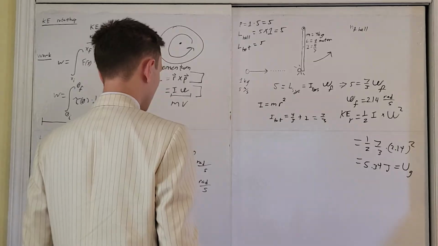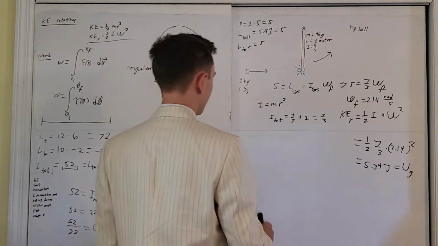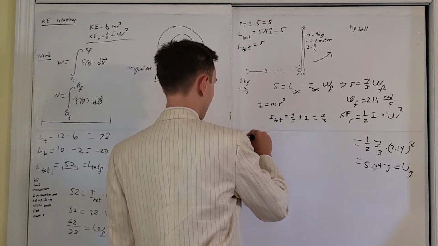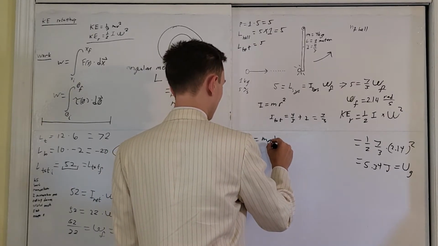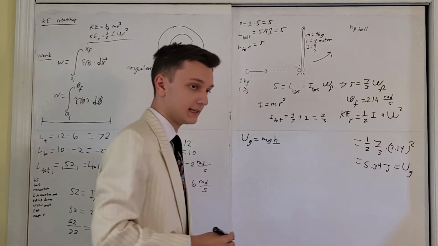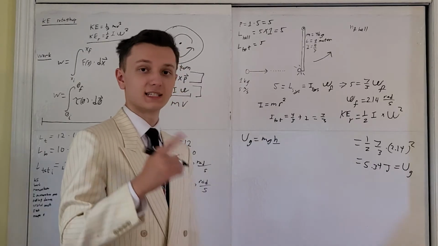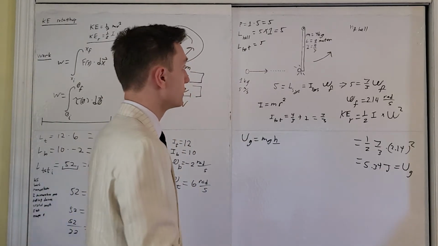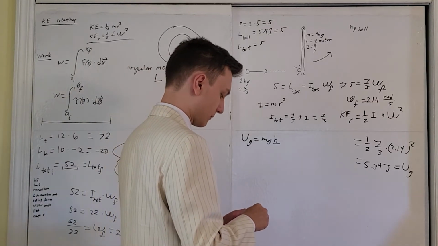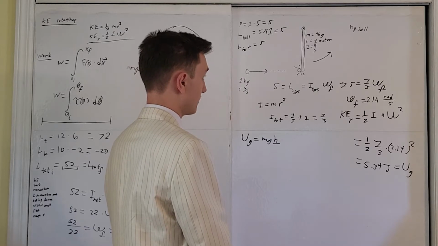Okay, so gravitational potential energy is, as we know, near Earth's surface, going to equal mgh. But the actual h, the actual height that we traverse, is the height traversed by the center of mass. Now don't get fooled. We said before that this is a rod of uniform density, and therefore the center of mass of the rod is going to be right in the center.